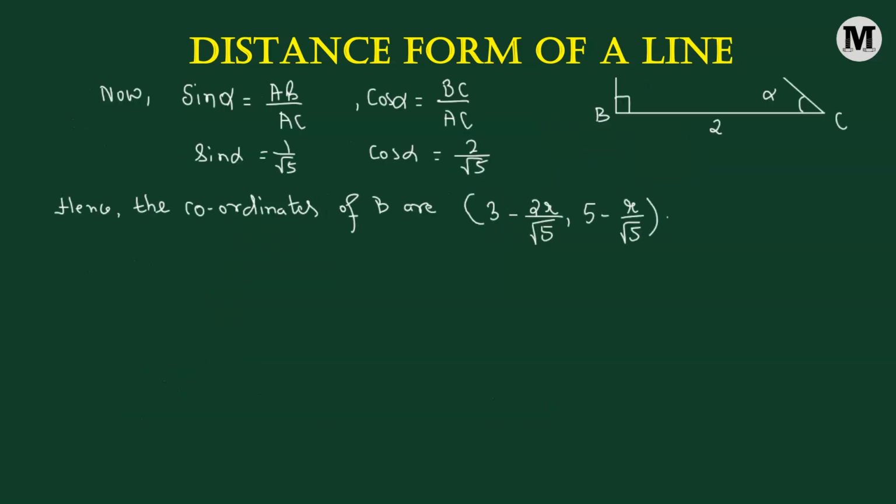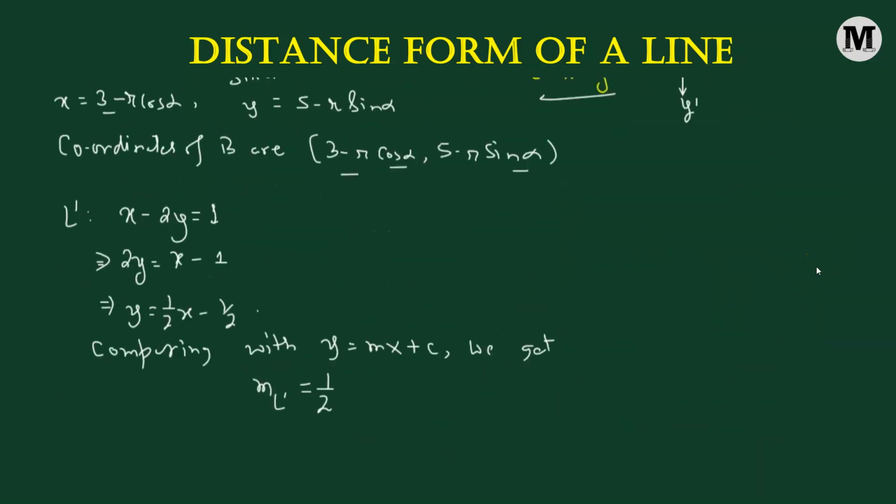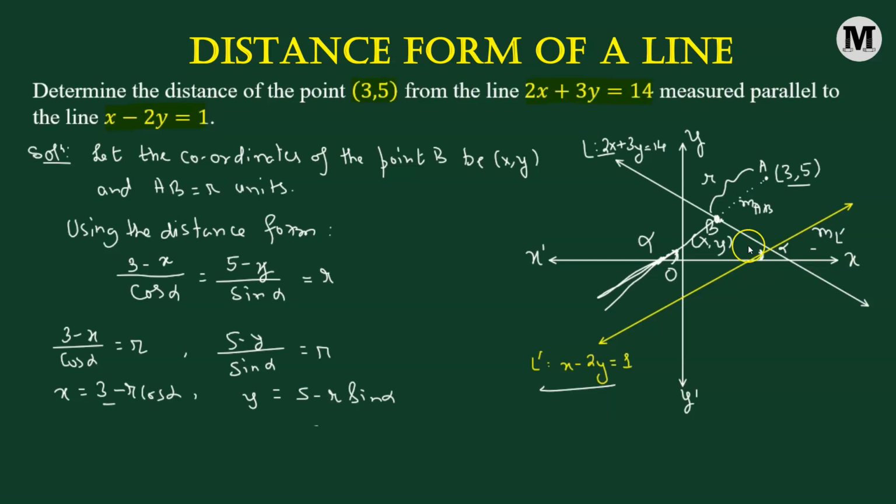Now the next task will be to determine the value of r. If we go to the diagram, we can see that the point B, whose coordinates we found just now, is going to lie on the line 2x plus 3y equals 14. In other words, this point is going to satisfy the equation of this line.